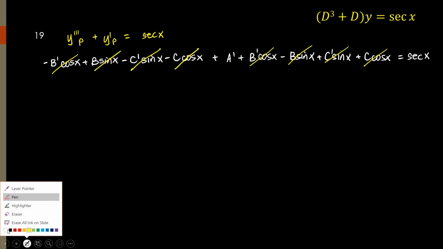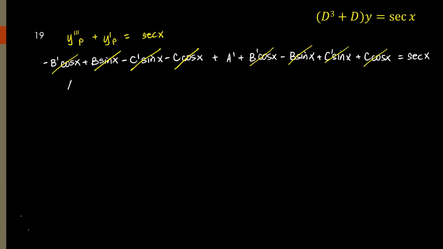So here, you're only left with a prime is equal to secant of x. So guys, if a prime is secant of x, what is a? It's ln of secant x plus tangent of x plus constant coming from a.